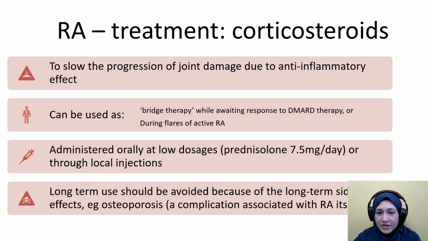Can be administered orally, for example, prednisolone. But we need to be cautioned that it cannot be used for a long term because it can also cause osteoporosis. And osteoporosis is also one of the complications associated with RA itself.